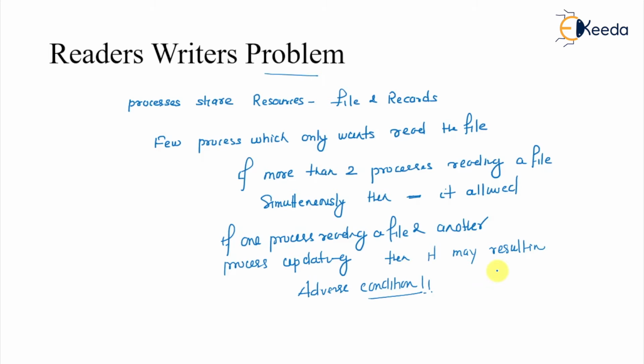So we cannot allow that one is reading and writing simultaneously. One is reading the file, another one is writing the file. This cannot be allowed, and this is called the readers-writers problem.